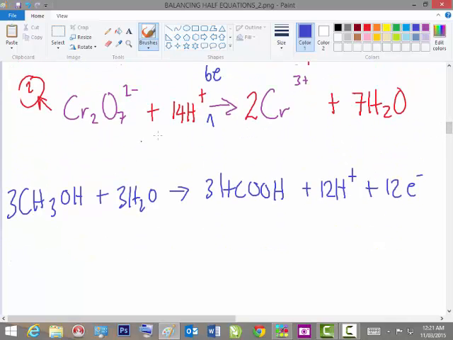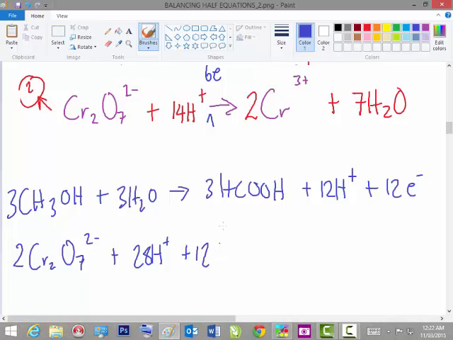The second one, we have to multiply this by 2, so you've got 2Cr2O7 2 minus plus 28H plus 12 electrons goes to 4Cr plus 14 H2Os.